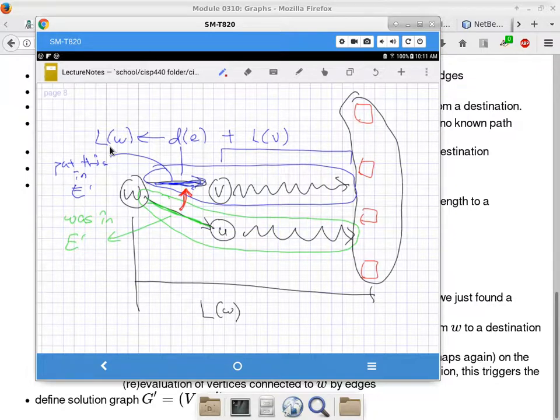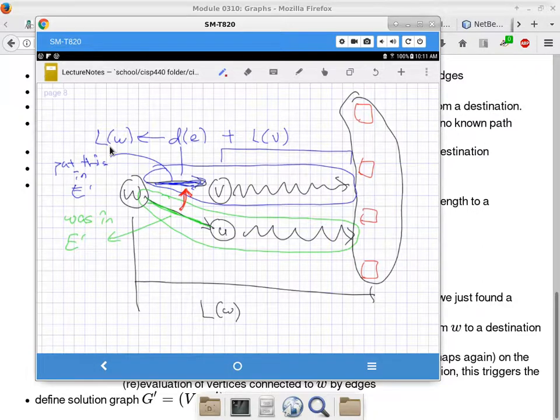It just, the way it looks on this, is that the length from V to the destination looks like it's separate from the length from U to the destination, and by changing the path from U to V, it looks like you're changing an entire path all the way to the destination. We are only changing where to go from W's perspective.